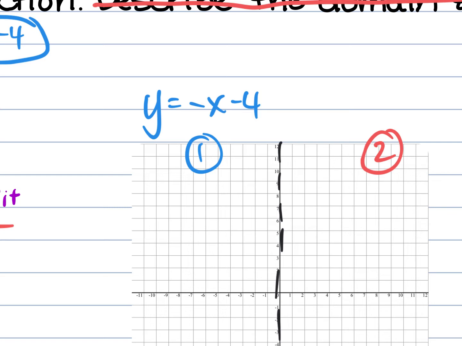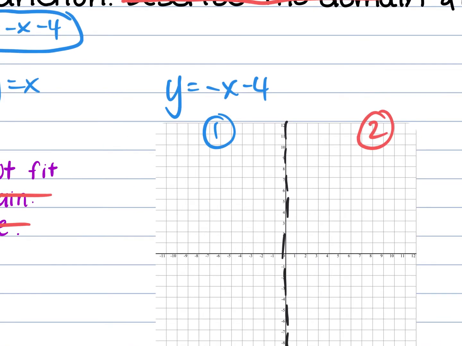Go ahead, Hunter. When the x value is negative 1 on the x-axis, start here, and then we have to pass through negative 4 because that's the y value. So start here.